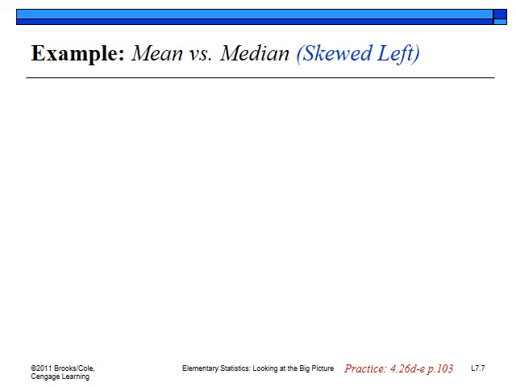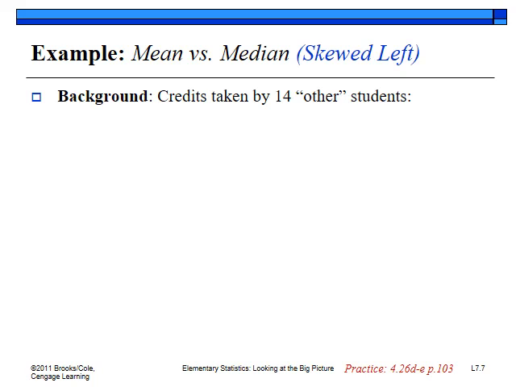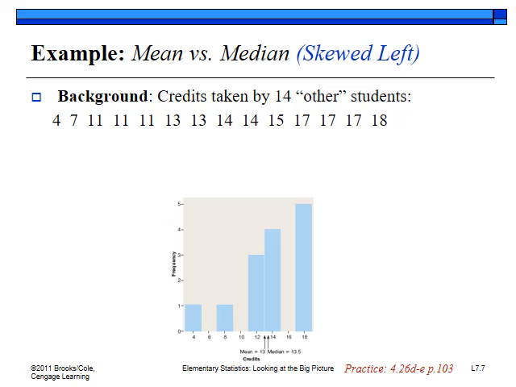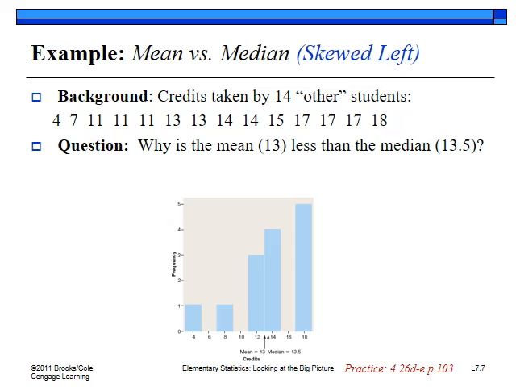Let's look at an example comparing the mean and the median. With this same data set, we can see that the median is 13.5. We actually saw this in the last video, and we just computed the mean to be 13. In this case, why is the mean less than the median? Whenever you have a skewed data set, that means, remember, that you have several unusually low or unusually high values.